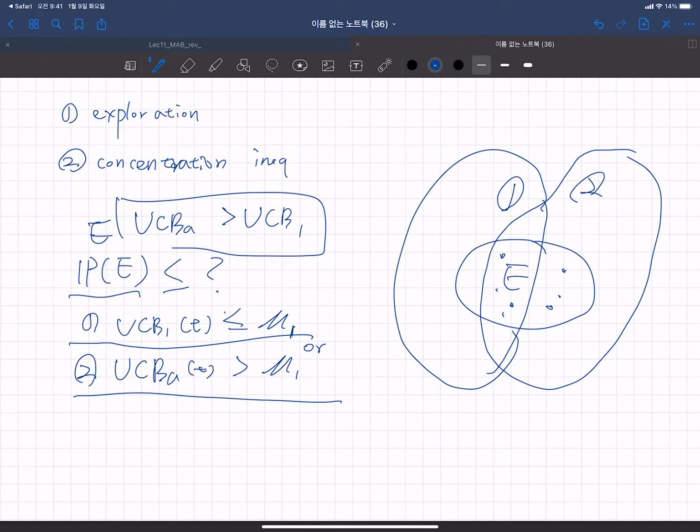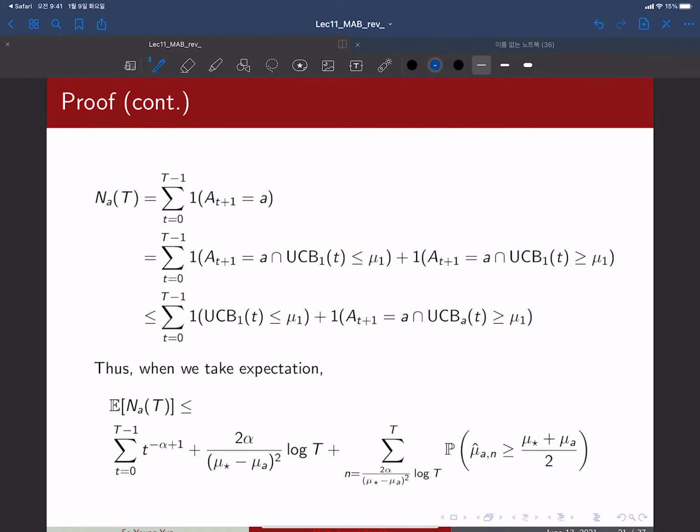And since we are using an OR argument, this probability of E is simply upper bounded by the probability of the first case plus the probability of the second case. Okay, so this is the argument.